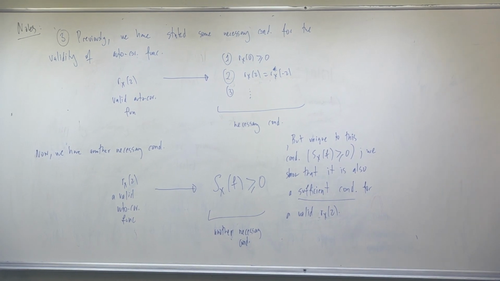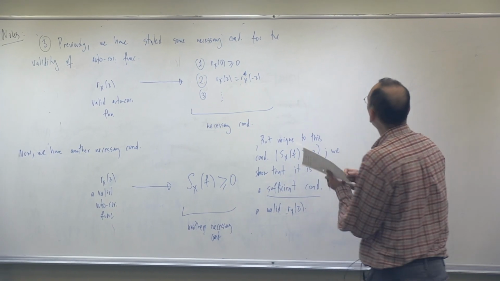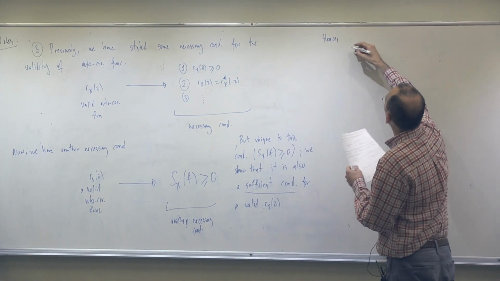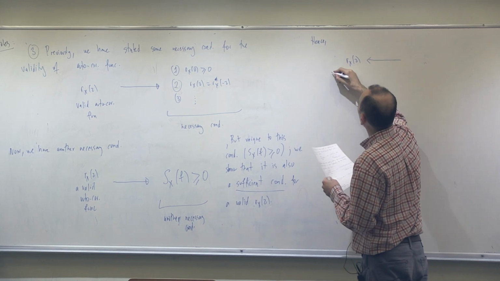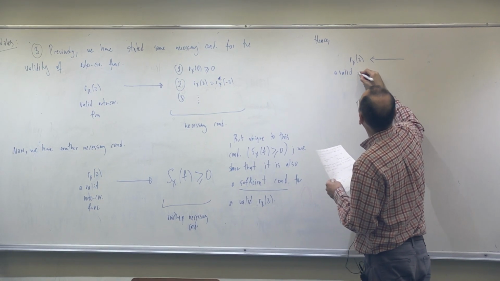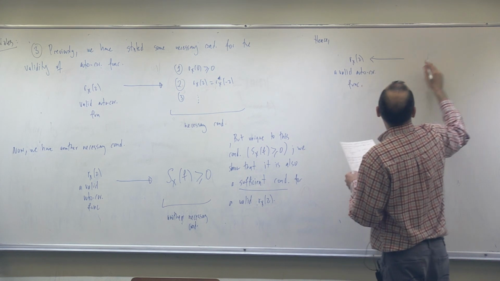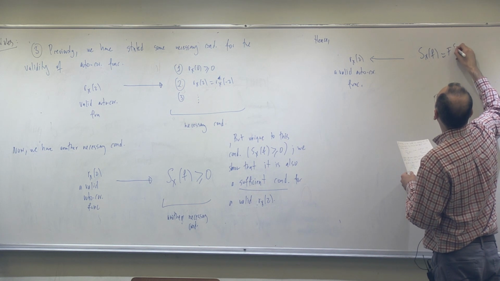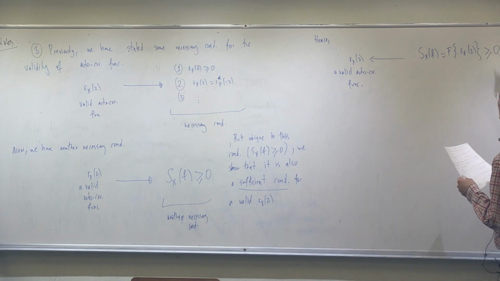So let me first explain this. Hence, this time we have Rx of tau, a valid autocorrelation function. So I have Sx of f, which is the Fourier transform of Rx of tau. This is greater than or equal to 0 for all frequencies.